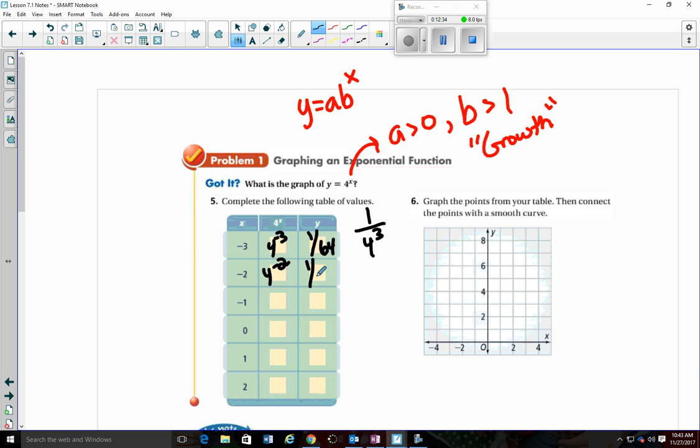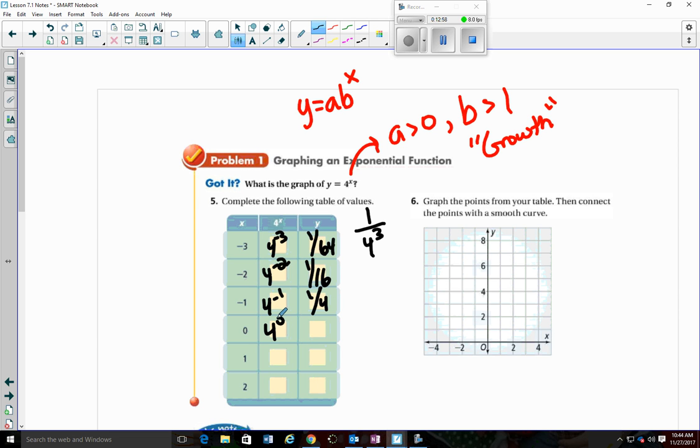But that's a property of exponents that you have been rehearsing in Carnegie. 4 to the negative 2 is the same thing as 1 over 4 squared, which is 1/16. 4 to the negative 1 is 1/4. Here's a property that was also tested on Carnegie.